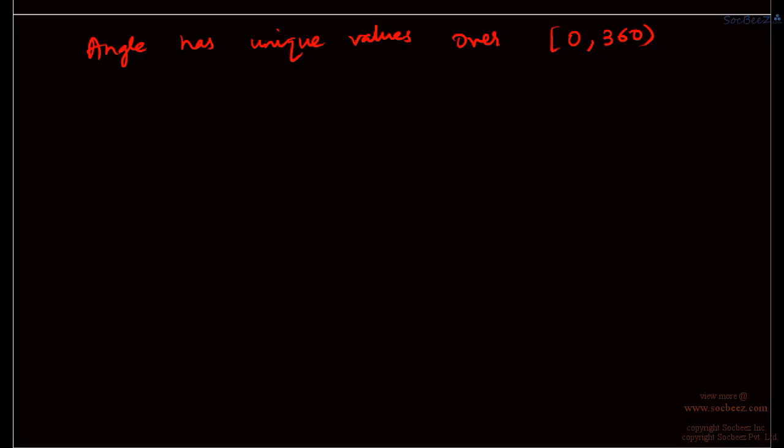After 360, the period of these functions, everything has the same trigonometric values as at 0 degrees. And this is in degrees, not in radians. In radians it will be 0 to 2 pi.